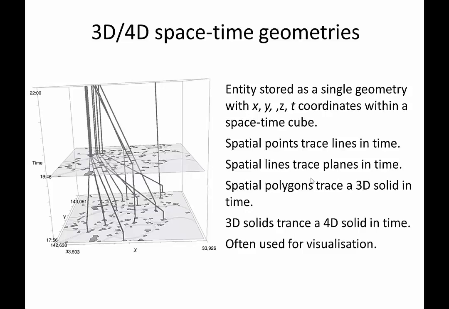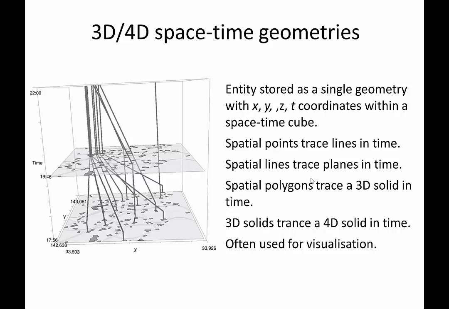Right, okay, 4D space-time geometries. In this case, the entity is stored as a single vector geometry with x, y, z, t coordinates. Chances are you don't have the z. These are then stored, or visualized, within what we call a space-time cube.